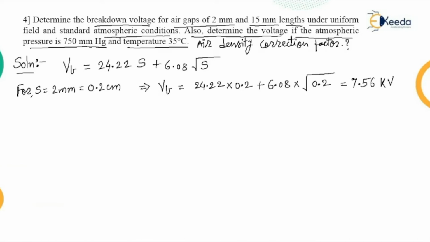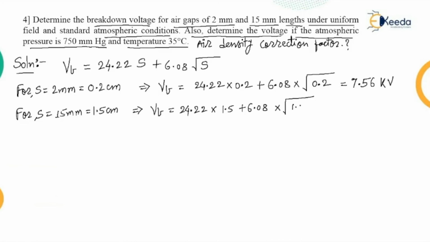kilovolt. Now another gap which is mentioned is S is equal to 15 millimeter. For 15 millimeter, its centimeter value is 1.5 centimeters, and implies VB, again by using the same formula, 24.22 into 1.5 plus 6.08 into root of 1.5.